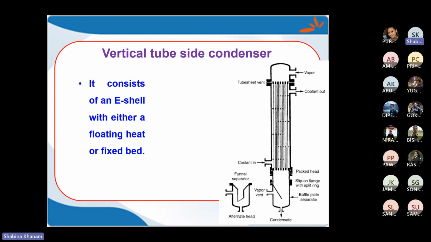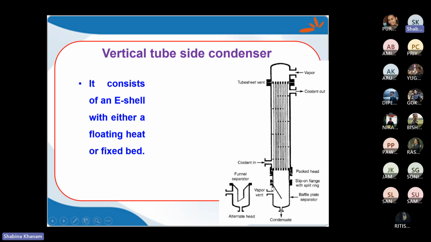As the condensate proceeds, it will be converted into drops. So this type of assembly is kept only for smooth removal of the condensate. As you can see here, this type of baffle we place, so whatever condensate is coming gets directed to this exit.